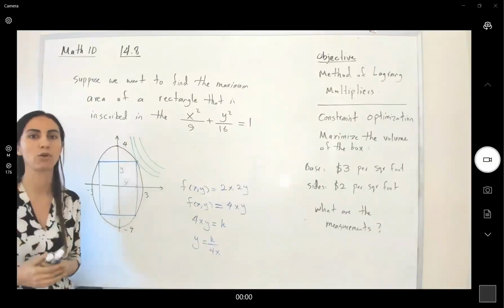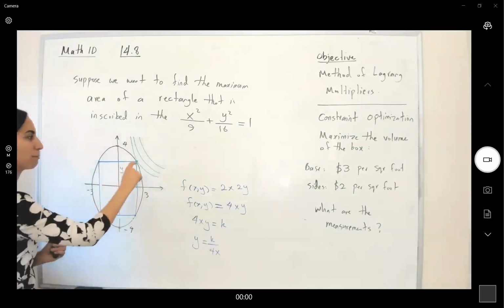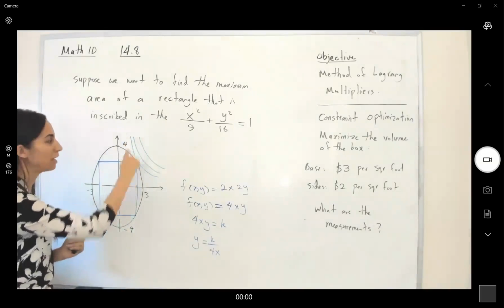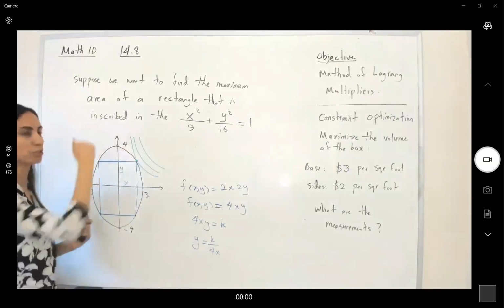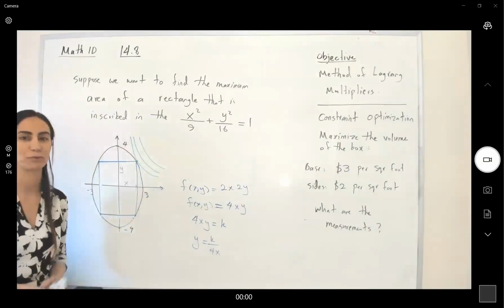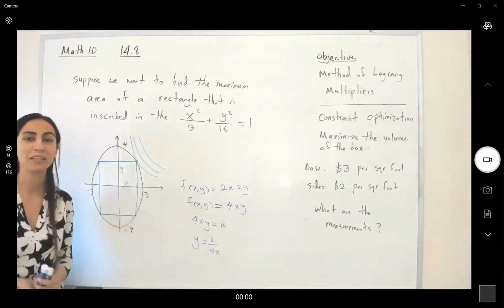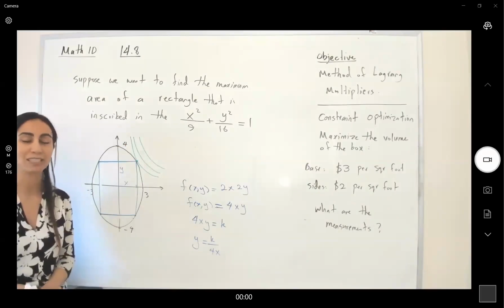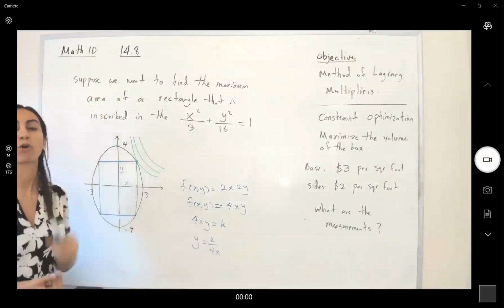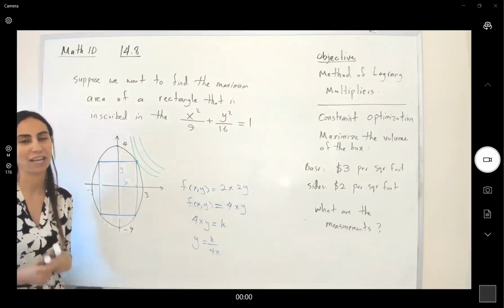So what is our goal? Our goal is to actually find the point where the level curve of your function f is tangent to the level curve of your ellipse. Remember that when we talked about the gradient, we said that the gradient at a point is orthogonal, or perpendicular, to the level curve of the function at that point.